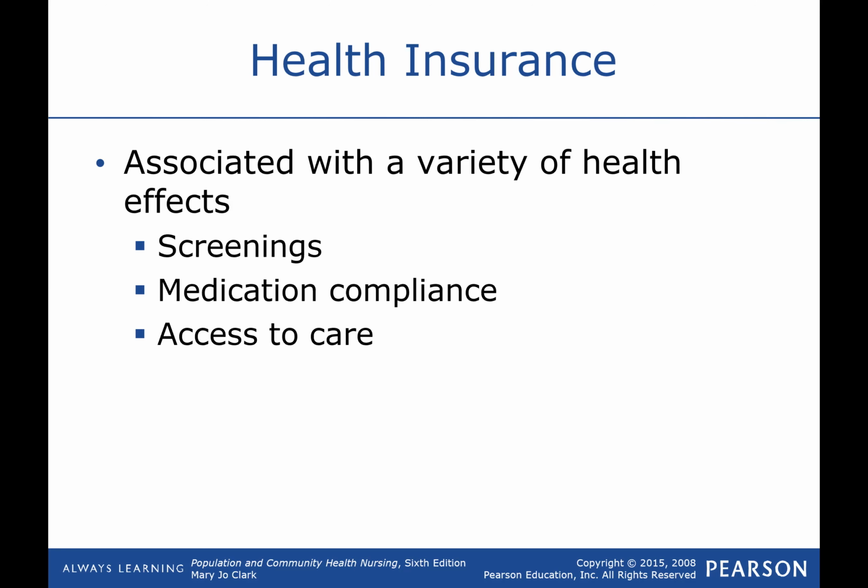The second major way in which economic factors affect health is through diminished access to needed healthcare services. Diminished access occurs as a result of the mixed effects of poverty and the lack of healthcare insurance. 38% of uninsured people are below the poverty level. And during 2011, 48 million non-elderly people in the United States were uninsured.